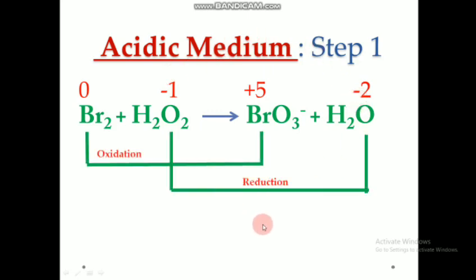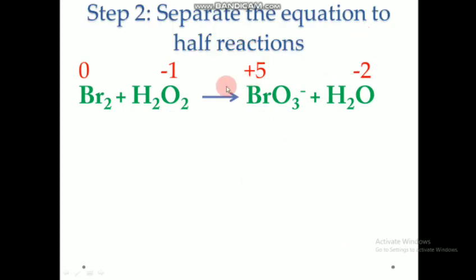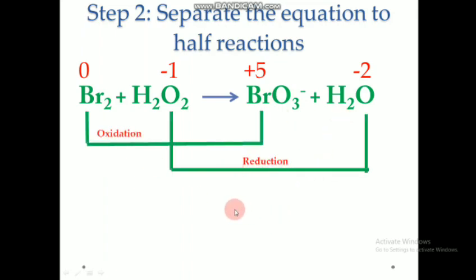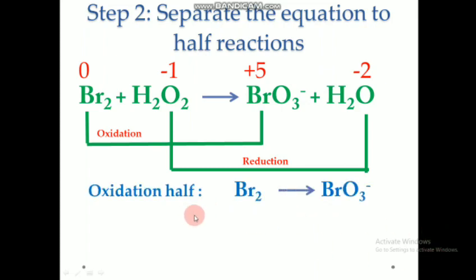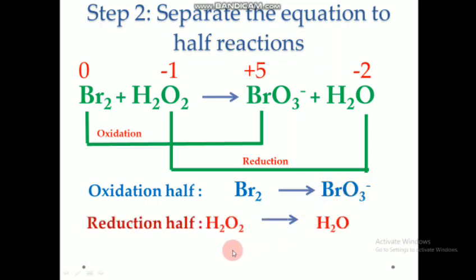That much we understood. So moving on to the second step, separate the equations into half reactions. As it is the half reaction method, we need to separate this reaction into two different halves, which are the oxidation half and the reduction half. The oxidation half equation will be Br2 gives BrO3 negative, and the reduction half will be H2O2 gives H2O.